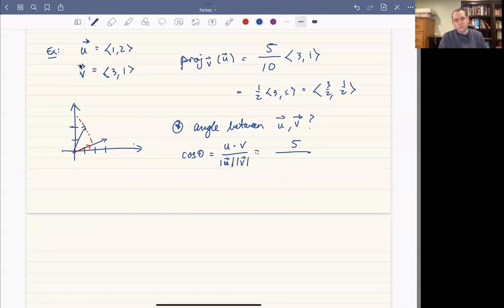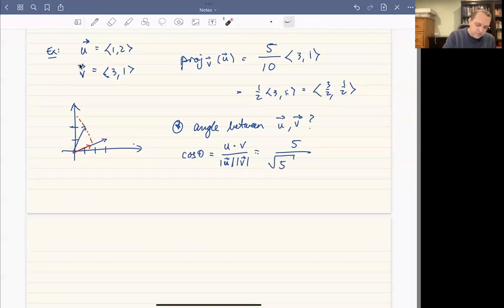The length of U is going to be the square root of 1 times 1 plus 2 times 2. So here we get 1 squared plus 2 squared is 1 plus 4, 5. And then we take the square root.